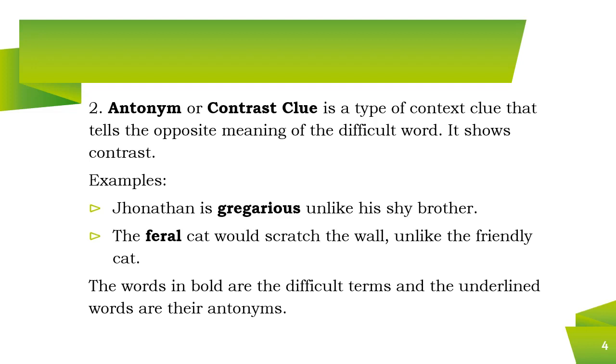So the unfamiliar word is gregarious. This time, we can identify that the sentence uses antonym or contrast clue as the type of context clues. How did I know that? In antonym or contrast clue, there are words that signify opposite meaning or antonym.